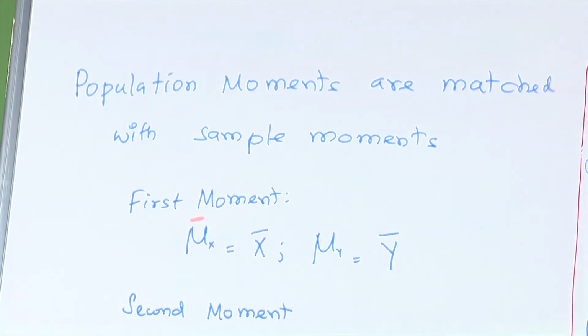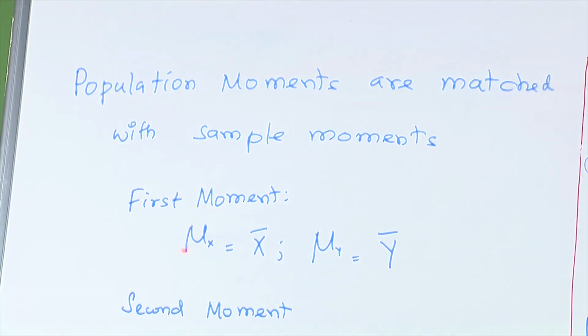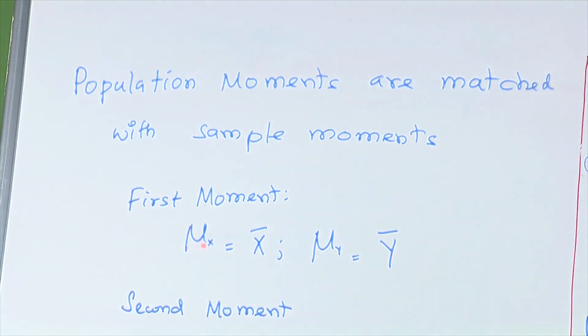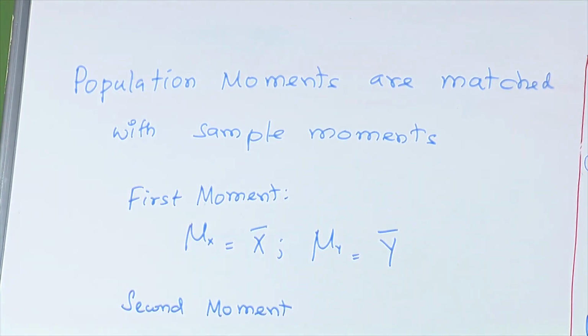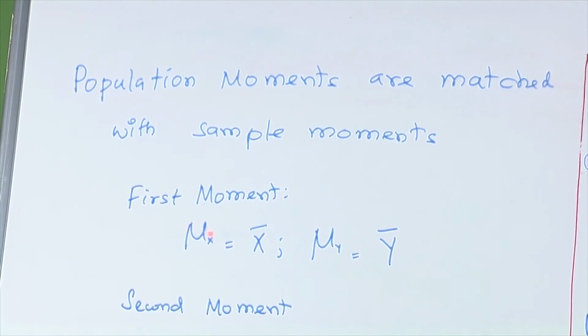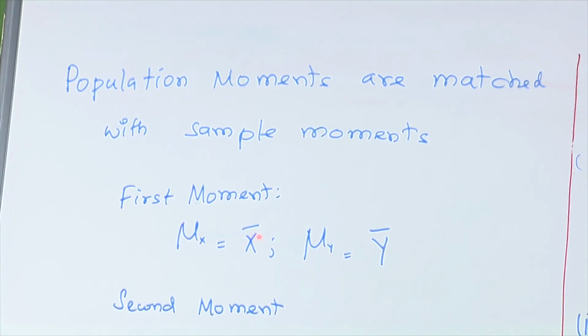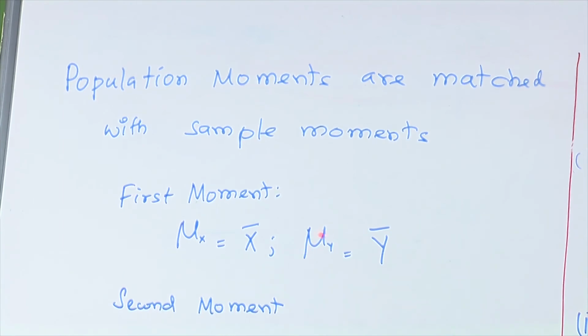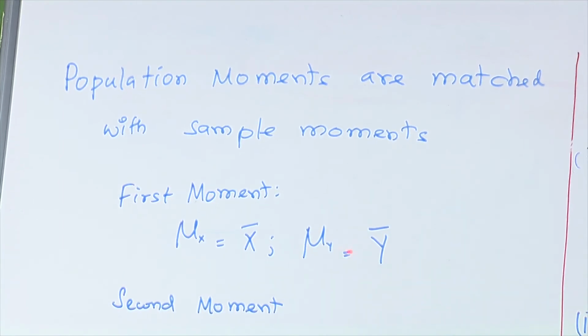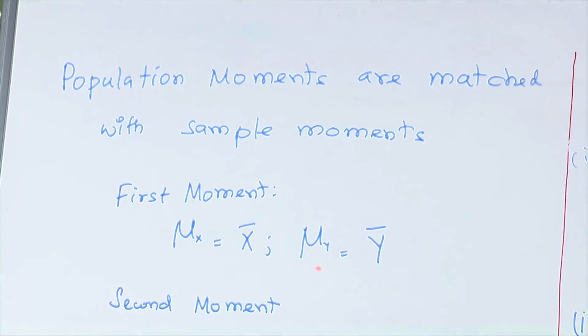For instance, if you take the first moment, the mean of x, mu x, is matched with the sample moment x bar. The population parameter mu y is made equivalent to y bar.